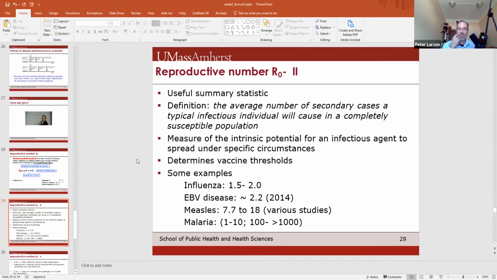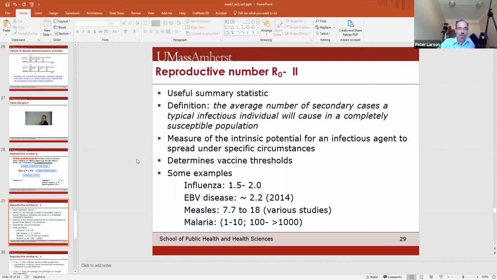So R naught is a useful summary statistic. It's very good to get a sense of how infectious a pathogen is. It's the average number of secondary cases a typical infectious individual will cause in a completely susceptible population. So how many cases arise from that single case in a susceptible population? And it's a measure of the intrinsic potential for an infectious agent to spread under very specific circumstances.